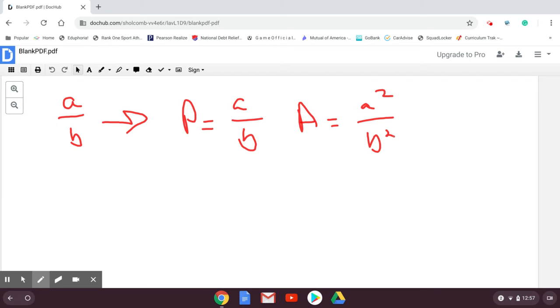If, like the example in the book, you have a couple of figures with a scale factor of 6 to 9, that means that the actual scale factor, when simplified, is 2/3. But when you go to perimeter, your same perimeter scale factor will be 2/3.